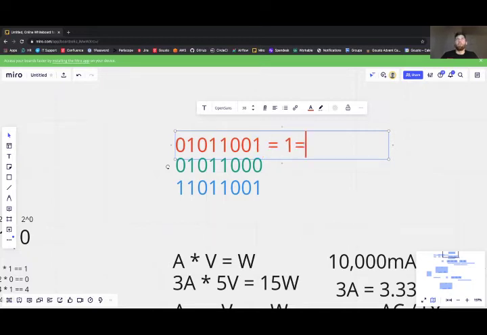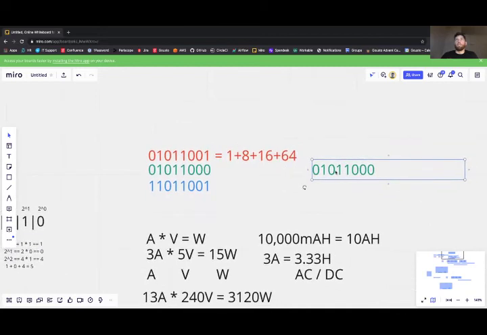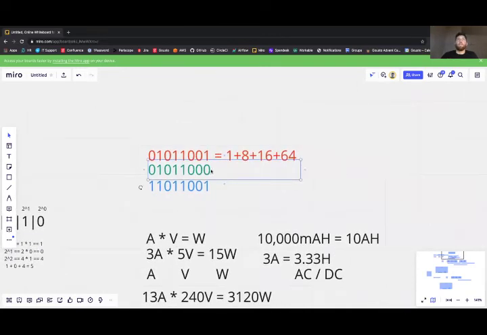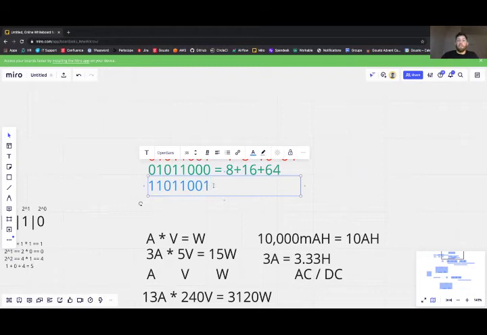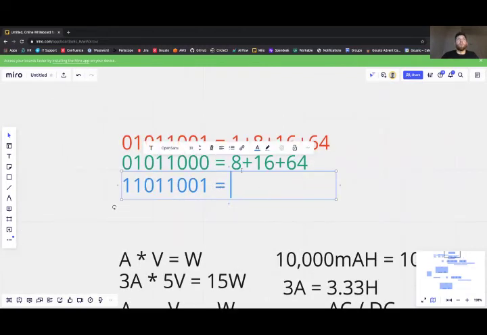So that's 1 plus 0 2s, 0 4s, 1 8, 1 plus 8 plus 16 plus no 32s plus 1 64. Okay, this equals the same thing, except there's no 1. So it's 8 plus 16 plus 64. This equals the same thing, except we've got the final place as well.